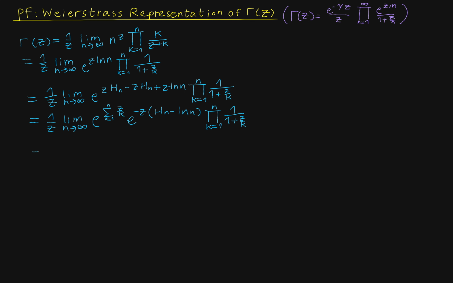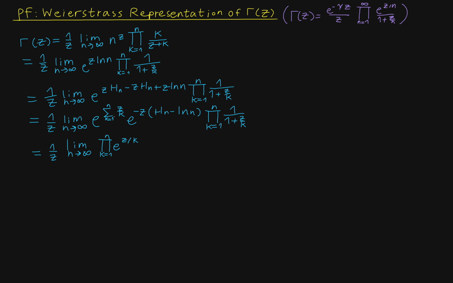Now with this, we can rewrite e to the nth harmonic number as a product. So we have the product of k is equal from 1 to n of e to the z over k, right?